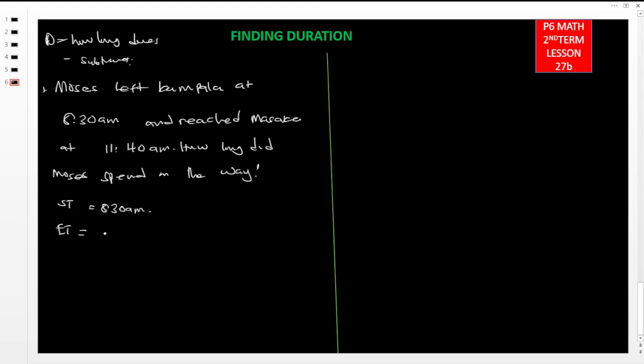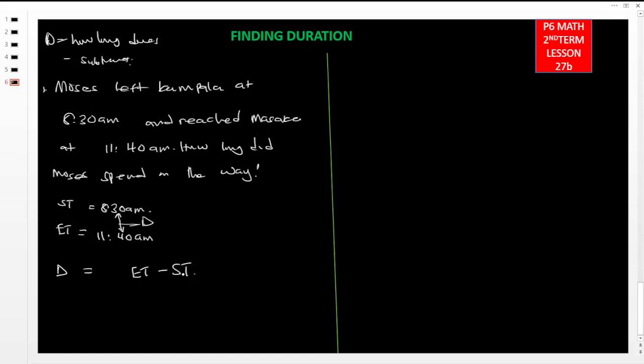So he reached at 11:40 a.m. Now we need to know the time gap from 8:30 to 11:40. How long is this? This is what we call the duration, which means that if we are to get the duration, the formula is going to be very simple. We get the ending time minus the starting time.